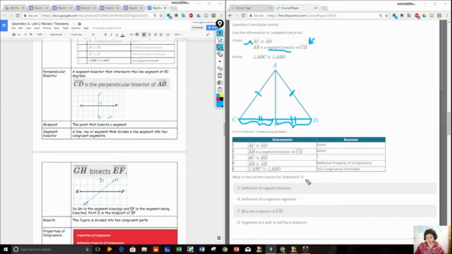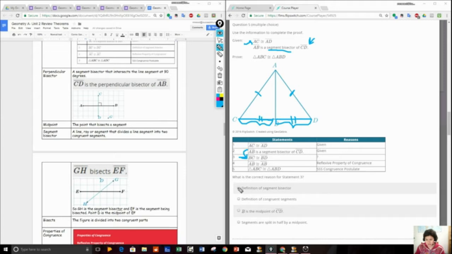So how did we know that BC is congruent to BD? It came from the given statement that AB is the segment bisector of CD. A segment bisector is a segment that divides a line segment into two congruent segments.